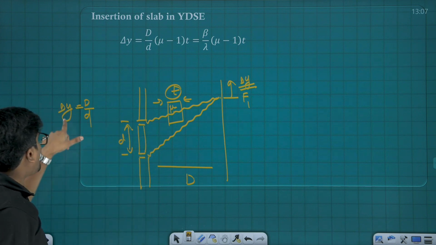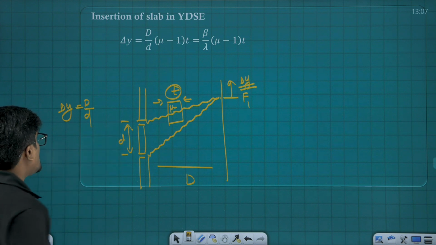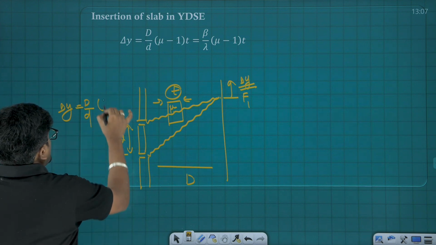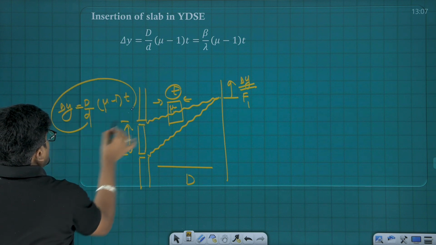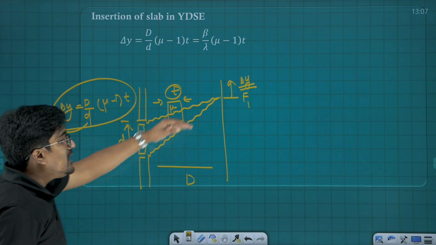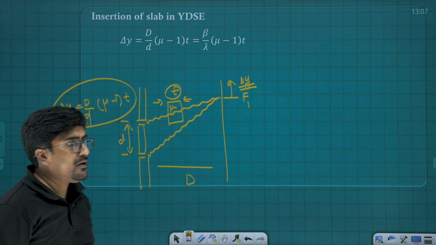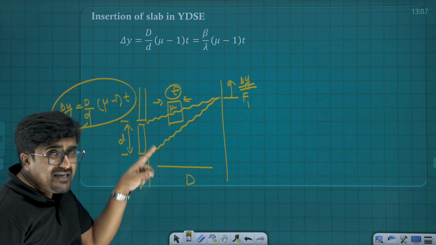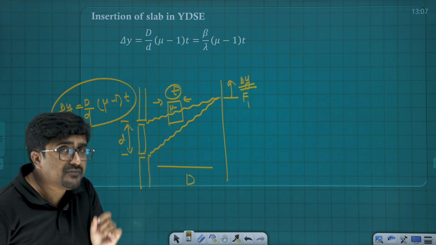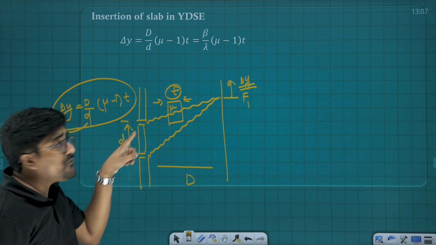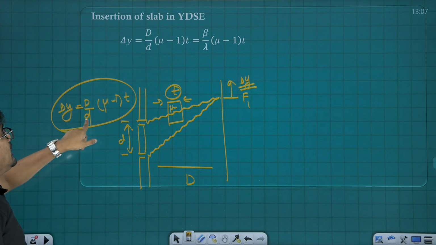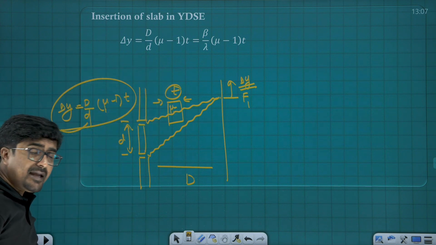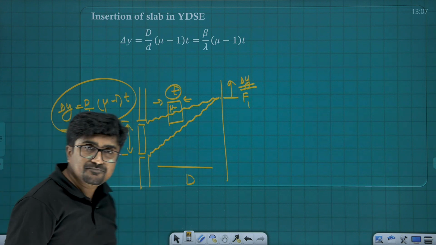Okay, so delta y is equal to capital D upon small letter d into mu minus 1 times small letter t. This is the relation, that means the shift in the fringe. Okay, in terms of fringe width beta and wavelength lambda, if you want to explain, capital D is going to be replaced by beta and smaller d is going to be replaced by lambda. That is the only relation.